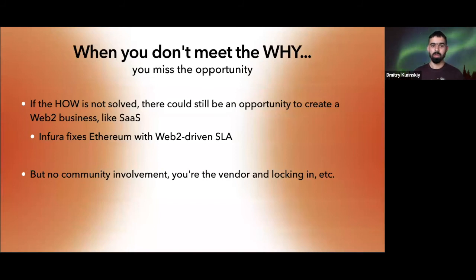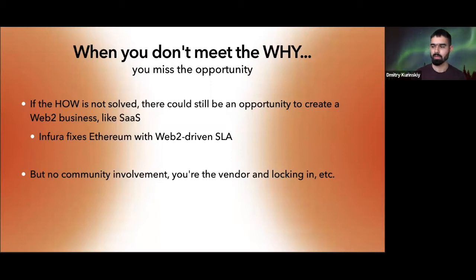And when you don't meet the why, you actually miss the opportunity. The easiest way to not meet the why is to not be able to solve the how. If you don't solve the how of Web3, how exactly to build your system, how exactly to approach your business opportunity, then there could still be an opportunity to create a Web2 business like SaaS.